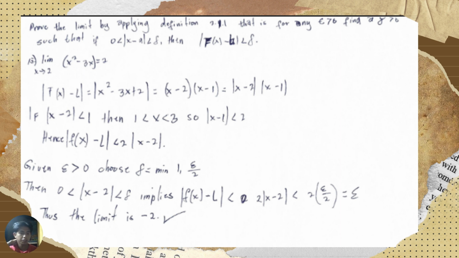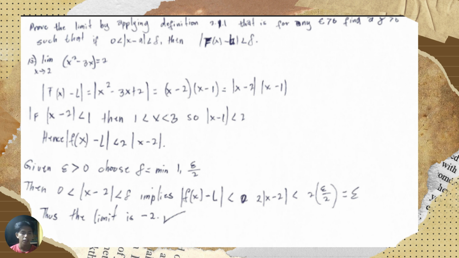So we are given here the limit as x approaches 2 of x squared minus 3x equals 2.